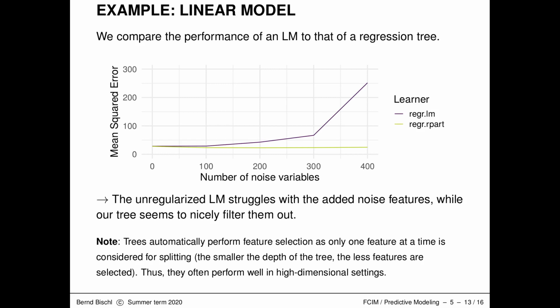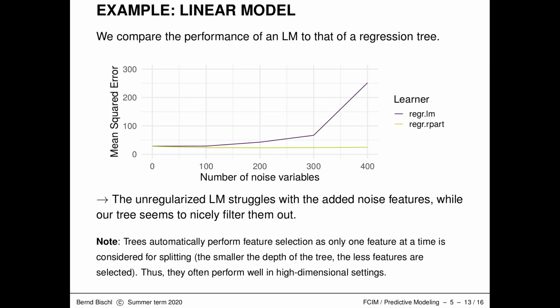And in order to compare this to an alternative model, I've also used a simple regression decision tree, or simple regression CART tree. And you can see that this copes much better with the data situation. And at least for this added range of noise variables, mean squared error is actually not increased for the decision tree. And we can now discuss a little bit why that actually happens.